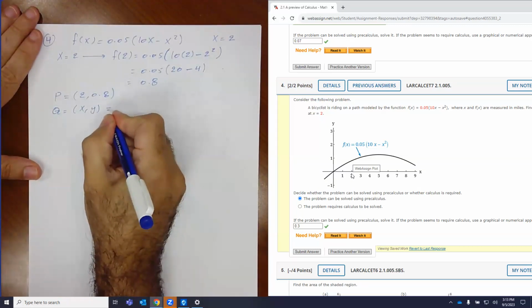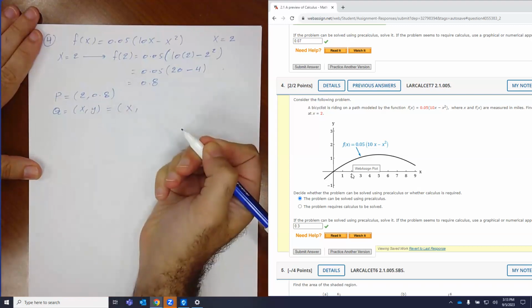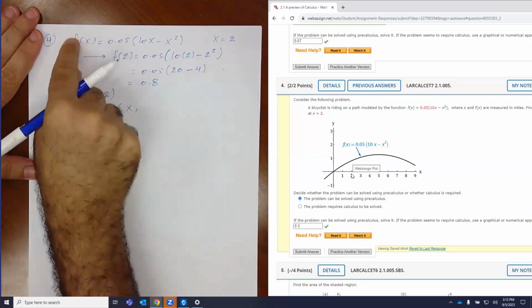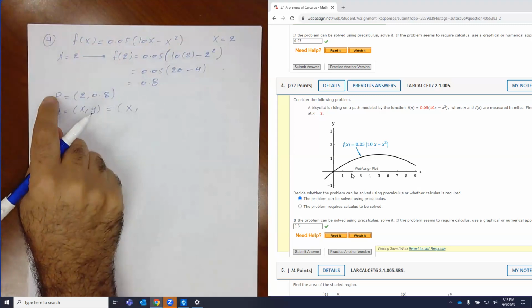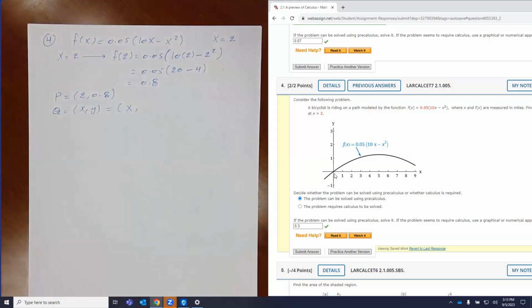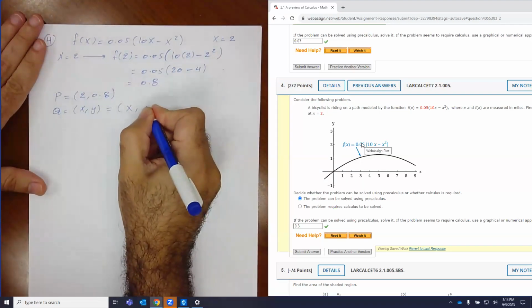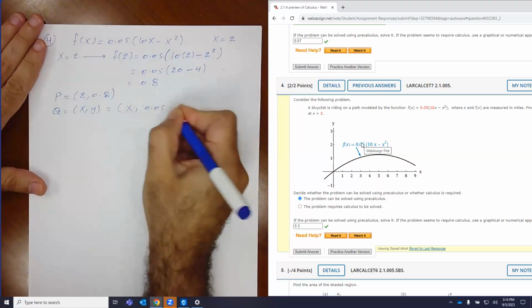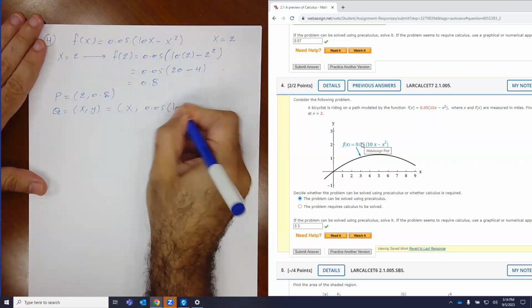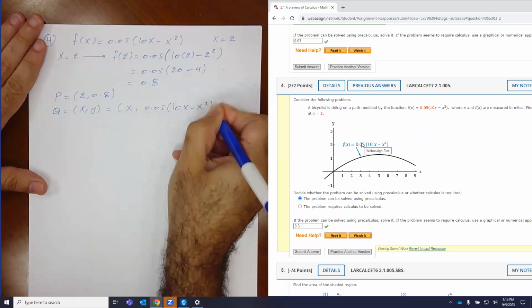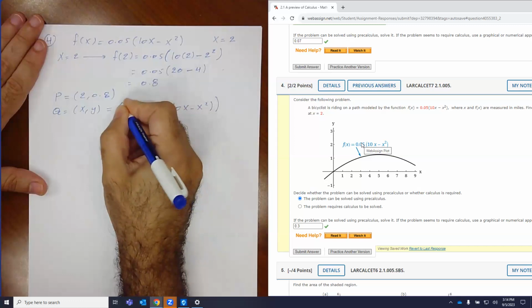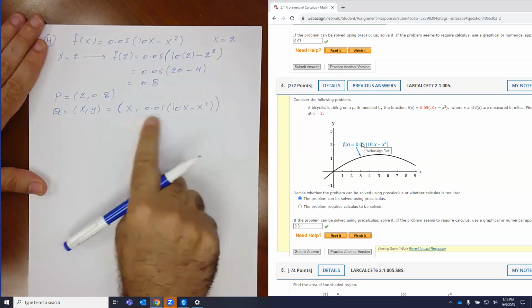For the second point, because it's on the curve, for any point x, the y is going to be 0.05 times 10x minus x squared. So that's the point. This is x, and here is the y.